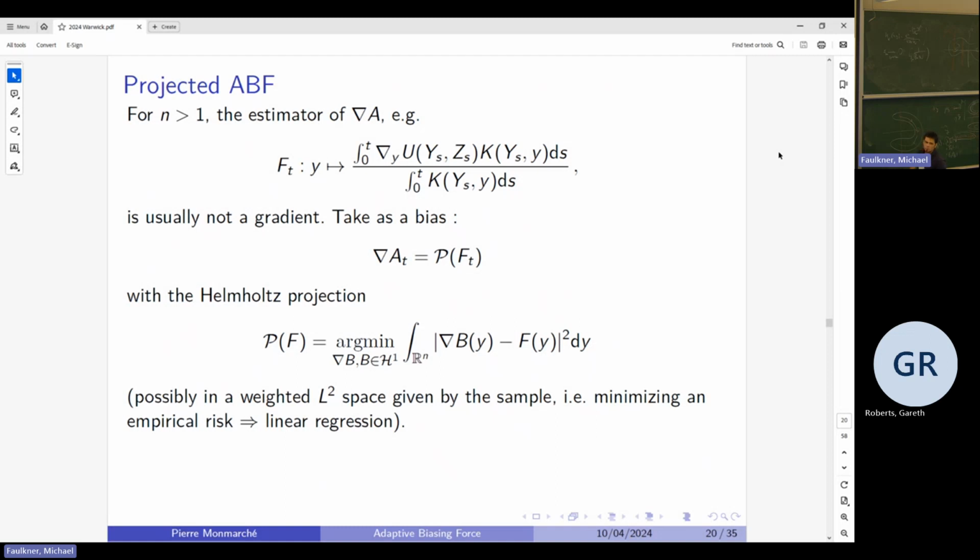Again, it's something you can do if you have a grid, but something which makes more sense if you are in larger dimension is to say that, remember, the gradient A is a conditional expectation, and so it's a projection.